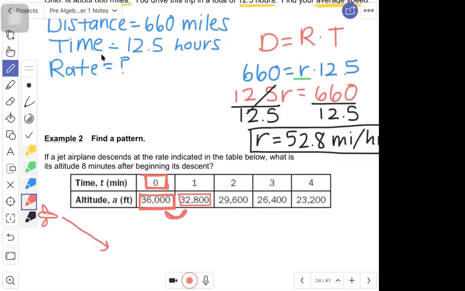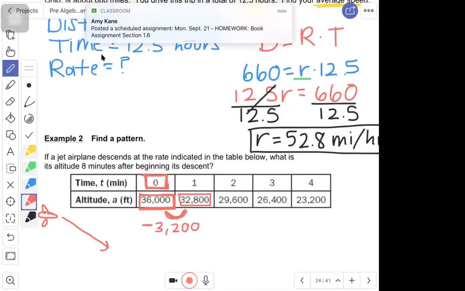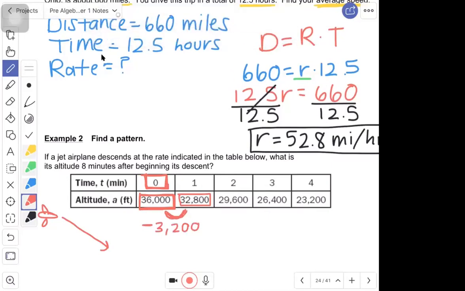So we're at 36,000 feet, and then the next minute we're at 32,800 feet. What's that difference? 3,200. Nice. So we went down 3,200 feet. We're not going higher. We're not adding height. We're losing height. So it's negative 3,200. What about the next one?